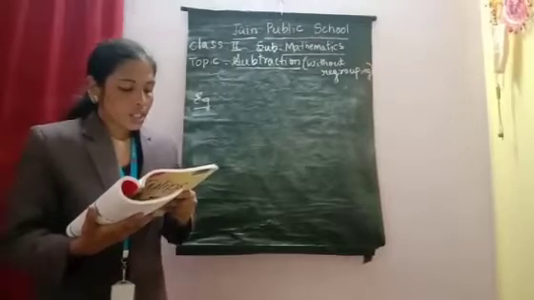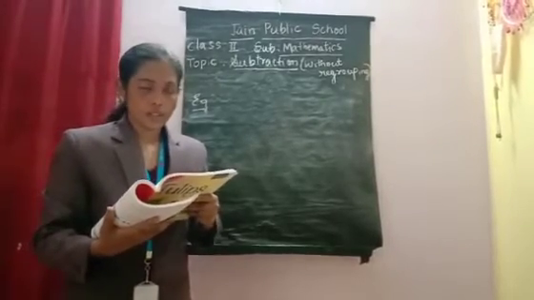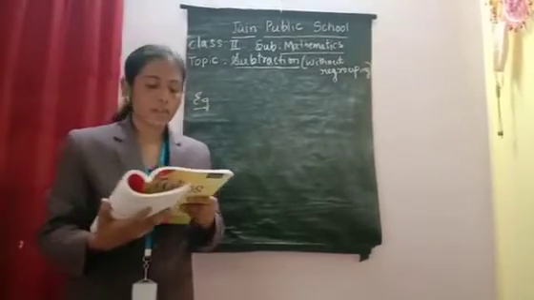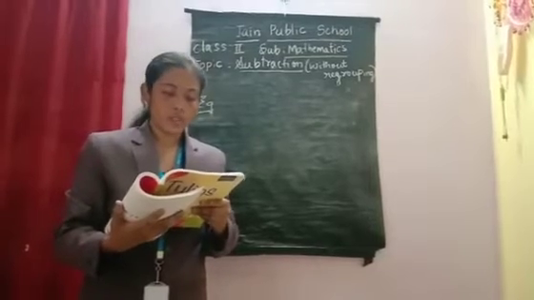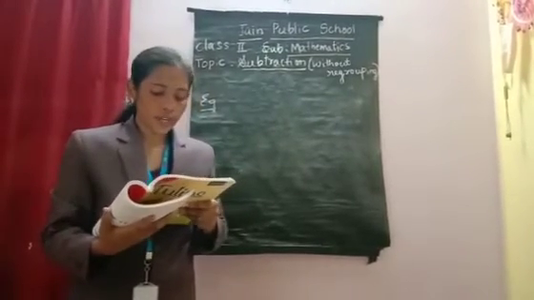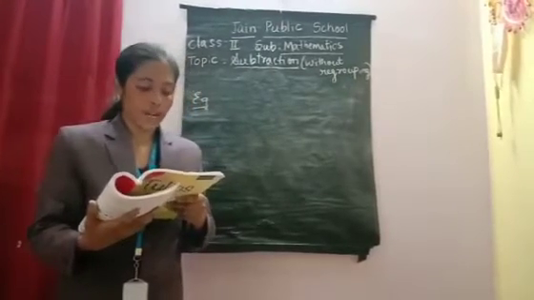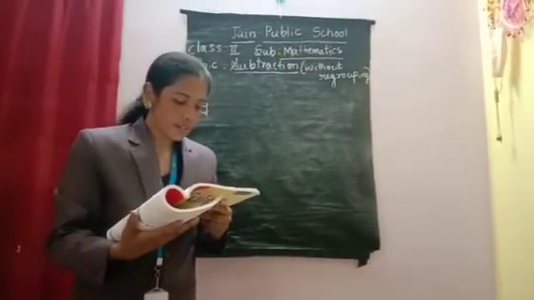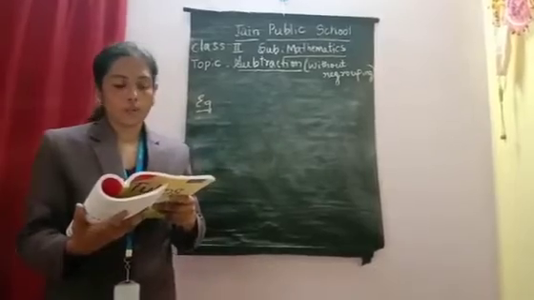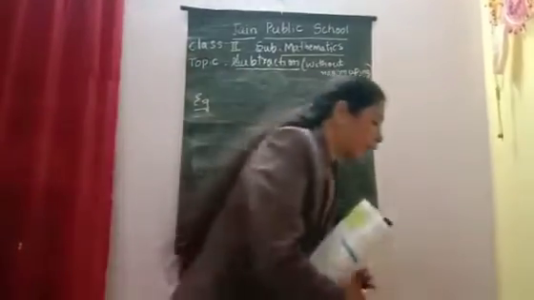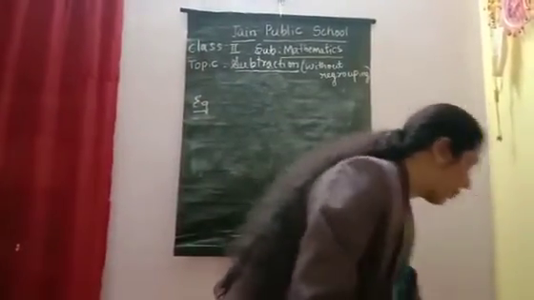Sheena had 25 chocolates. They have not mentioned the chocolate spelling, they have given only a picture of the chocolate. Sheena had 25 chocolates. She gave 12 chocolates to her friend Meenu. How many toffees does Sheena have now? So Sheena had how many chocolates, children? 25 chocolates.